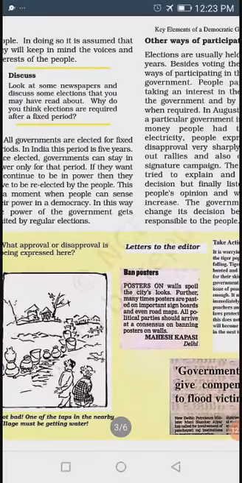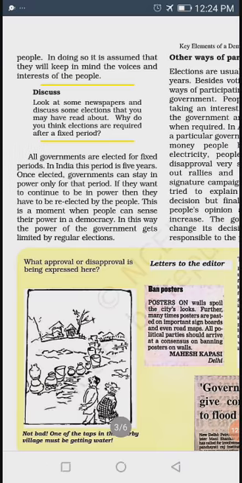This government is also answerable to the people, because people have selected these leaders, the representatives, through elections. And these leaders are elected for a fixed period.